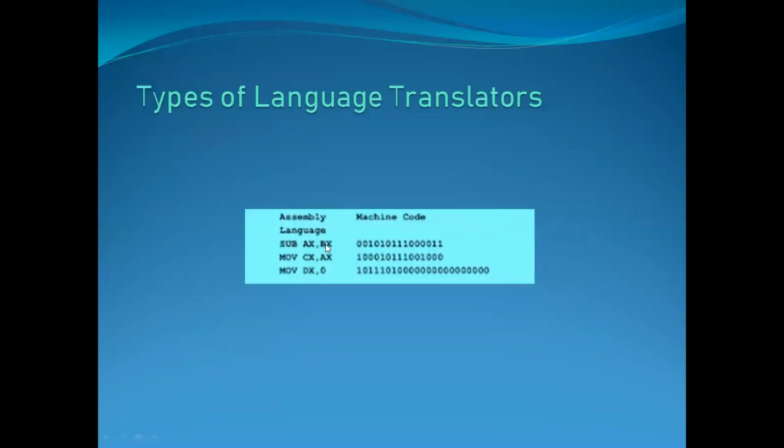One assembly language instruction is converted into exactly one machine language instruction. That's the way an assembler does its work. However, this work consists of two passes, and what the two-pass assembly process is, we will learn in the next lecture.